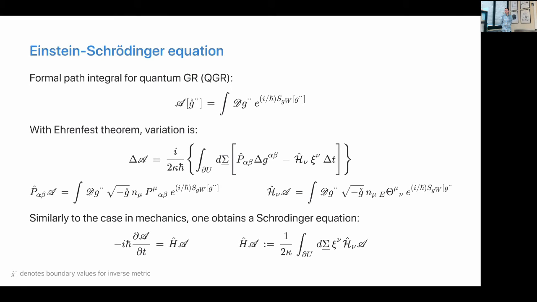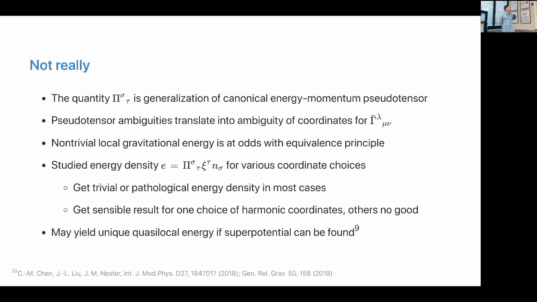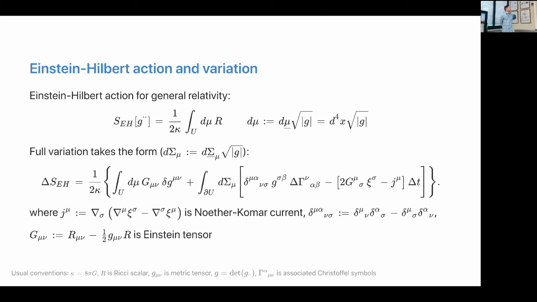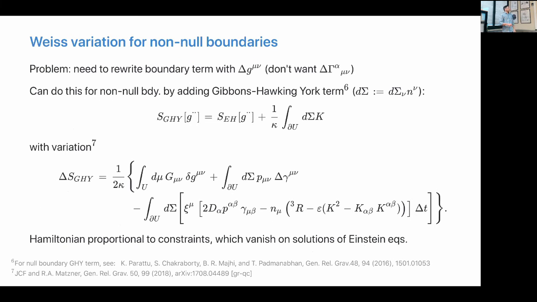Other questions? So when you do the variation, first you show the general result for any boundary, regardless of whether it is null, timelike or spacelike, and then the one that is a spacelike boundary. And in the spacelike one, the boundary term is just the sort of Gauss-Codazzi equation, right? Yeah. So these are just projections of the Einstein equations.